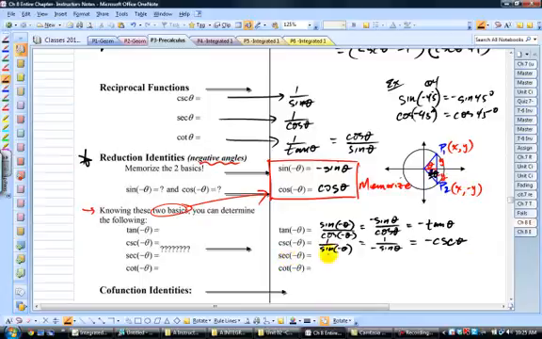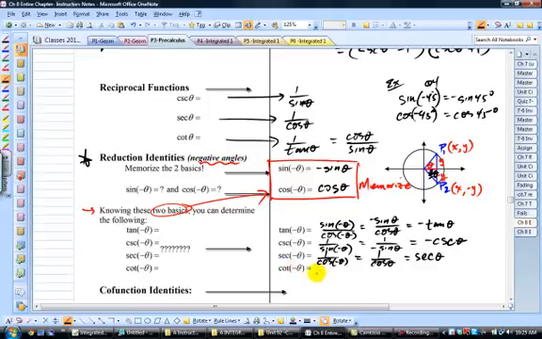Secant of negative theta is just 1 over cosine of negative theta, which is just 1 over cosine theta, which is just secant. That had nothing to do with the sine, so it's just a positive function here.